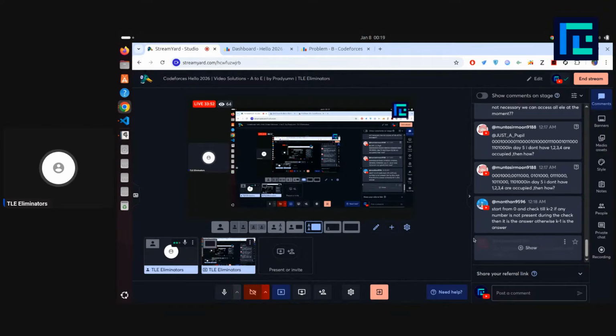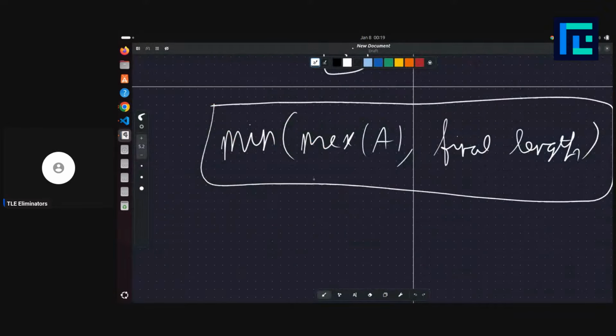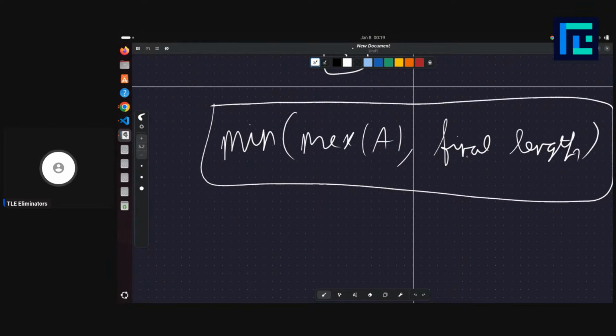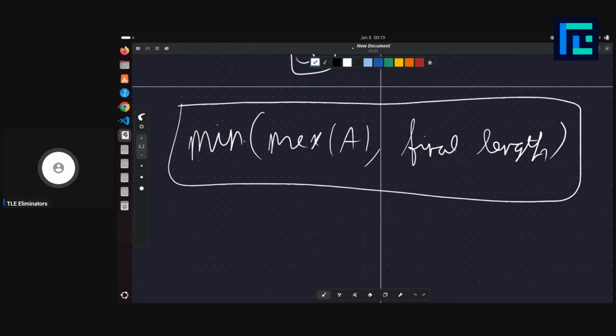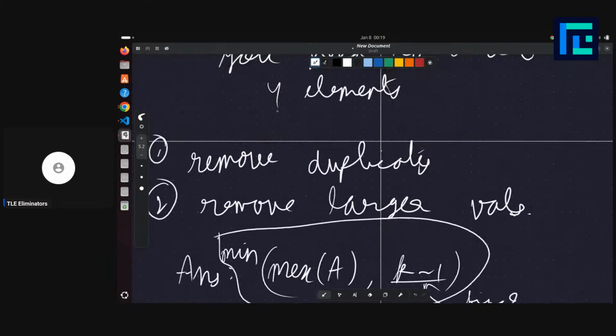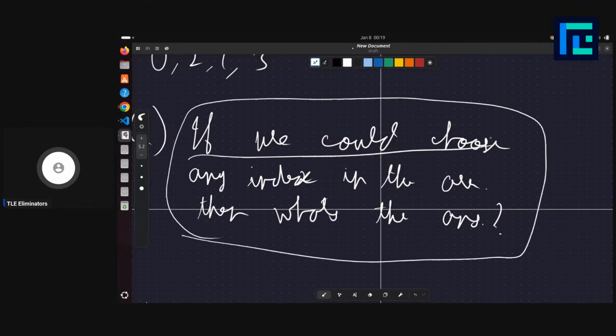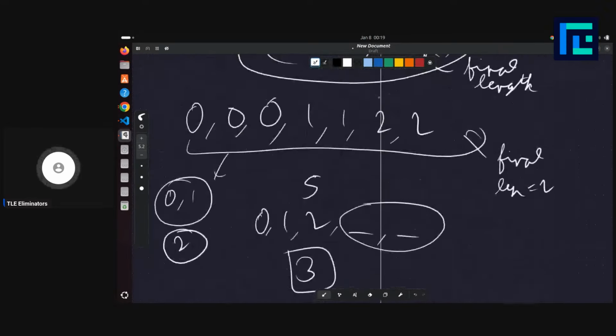So now, this is the answer for my simplified problem. Do you all get why my simplified problem has this answer? We can remove any elements, any indices, so what is the answer? In this case the answer is this.